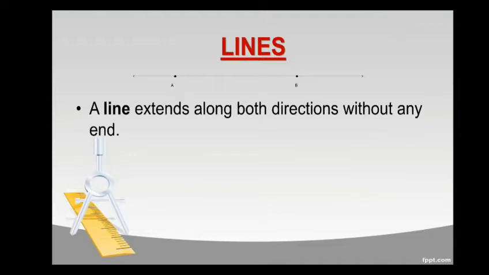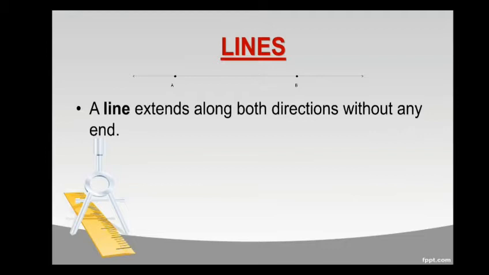A line extends along both directions without any end. For a line there will be no end. It will be extending in both the directions. So a line extends along both directions without any end.